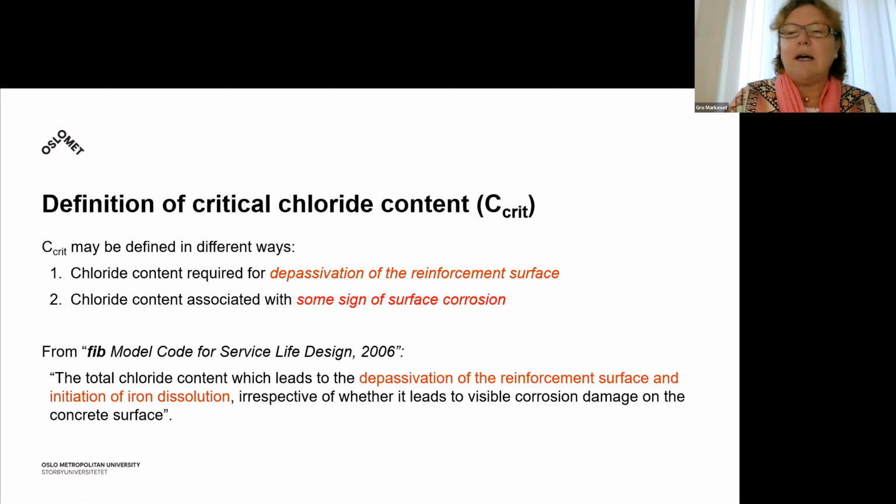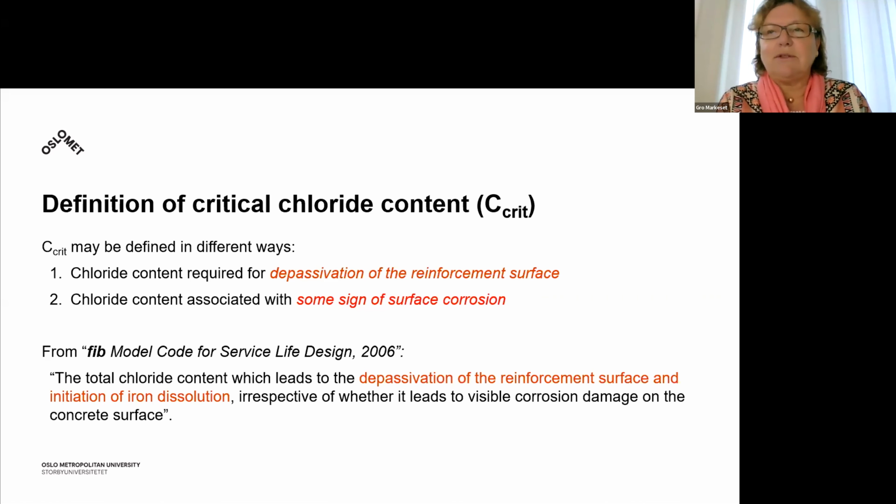And I will also go into some inspection of Norwegian bridges, also discussing this issue. I will also say something about the definition of critical chloride content. It's mentioned by several speakers, but this Ccrit is defined in different ways. It could be the chloride content required for depassivation of the reinforcement surface, or it could be the chloride content associated with some sign of surface corrosion. And of course, this will give different results if you follow the first or the second definition.